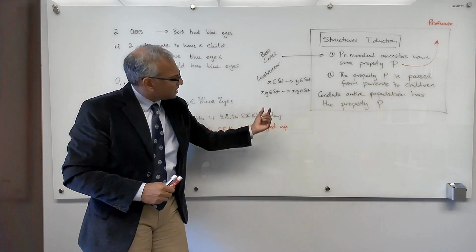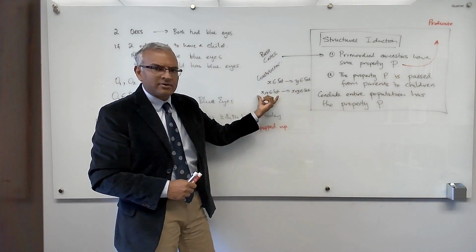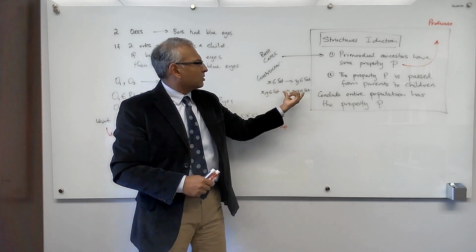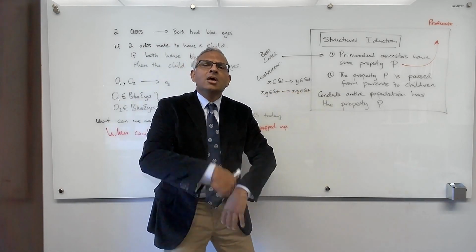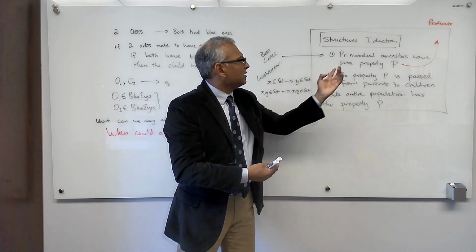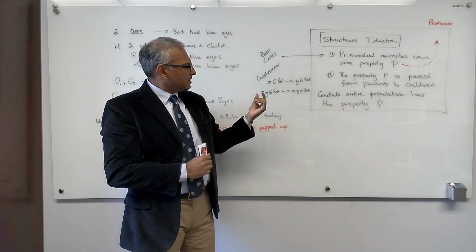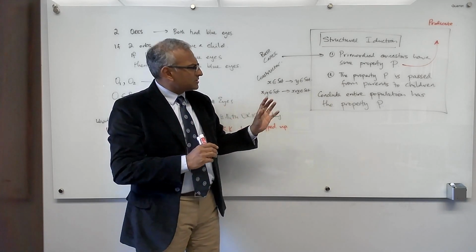And what we're saying is that if the property P holds for the parents, then it holds for the child created. What that means is that the constructor rule preserves the property P. And important, it's an if-then.